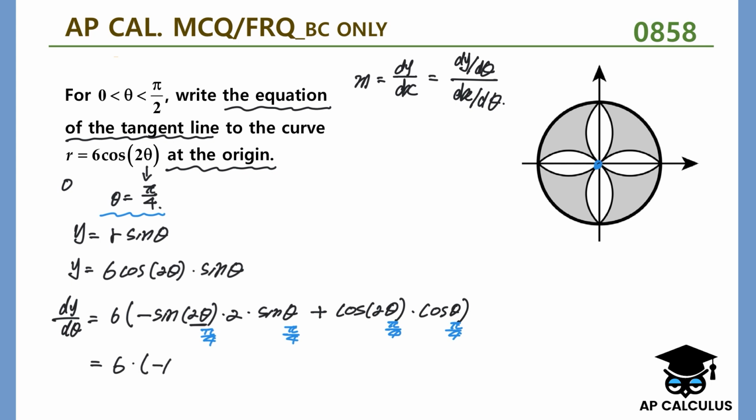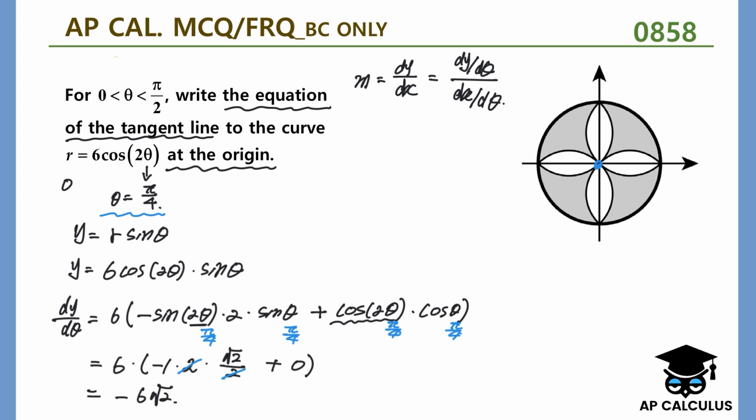So negative 1 times 2, sine pi over 4, that's root 2 over 2, plus cosine pi over 2, that's 0, right? So 0 times root 2 over 2, that's a 0. Okay, so that's going to be equal to, we're going to cancel these two. So 6 times the negative 1 times root 2, that's negative 6 root 2, right?